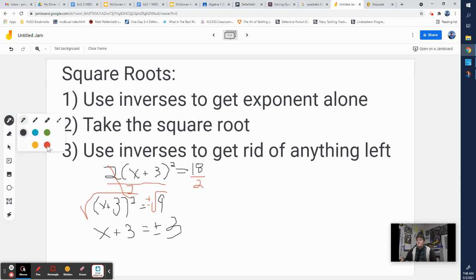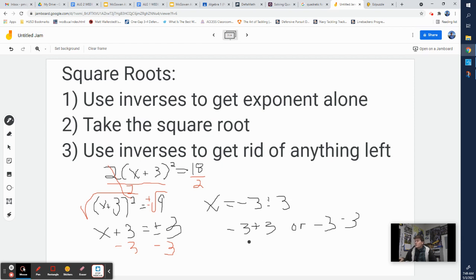I have a plus 3, so I've got to get rid of it. To get that x all alone, I have to minus 3. This is where sometimes it gets a little confusing. But remember, this plus or minus 3 means we have two answers. So we're going to have x equal negative 3 plus or minus 3, which just means I have negative 3 plus 3, or I have negative 3 minus 3.